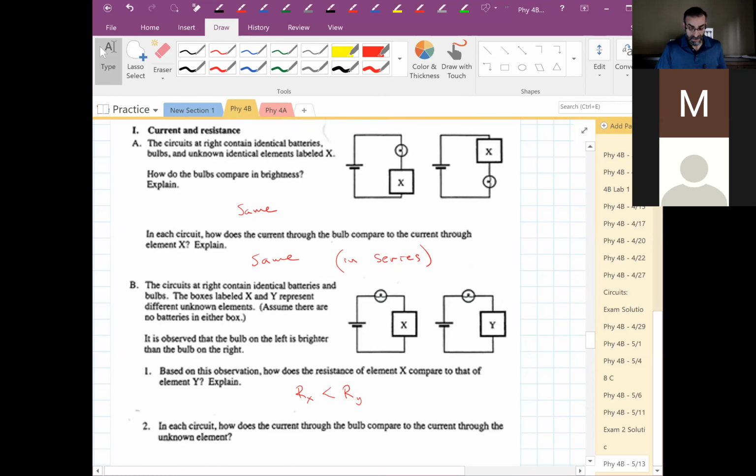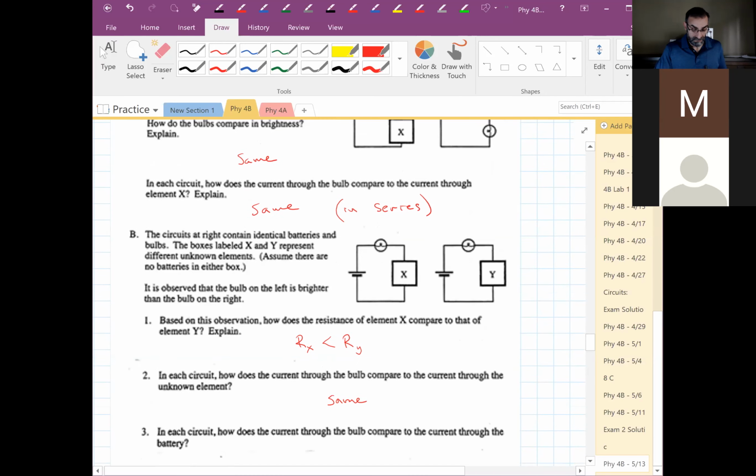In each circuit, how does the current through the bulb compare to the current through the unknown element? Same, they are in series. Okay.